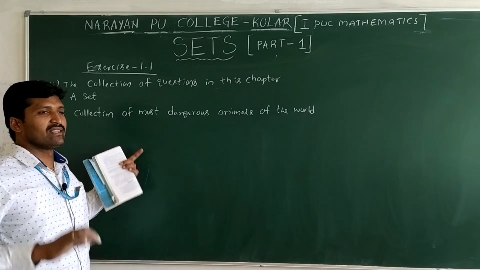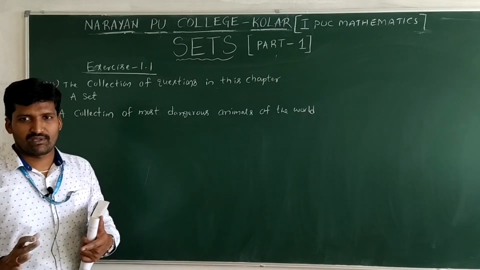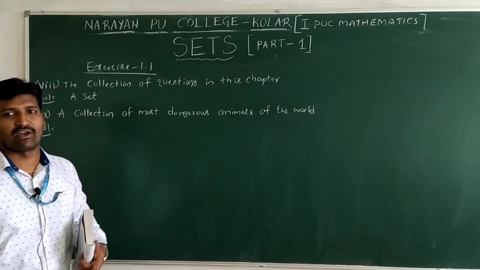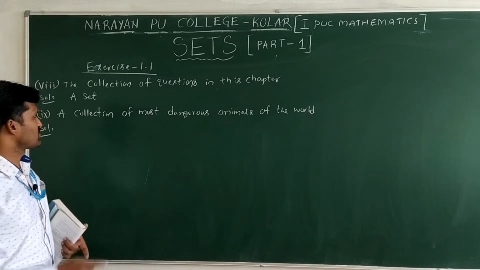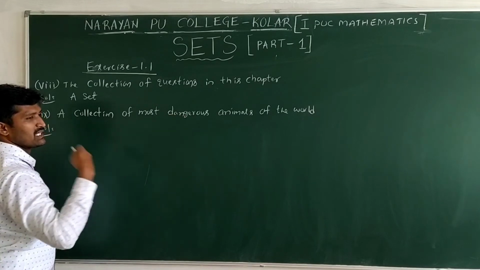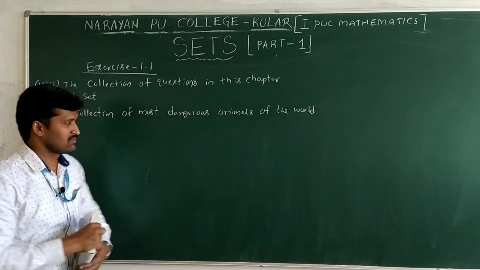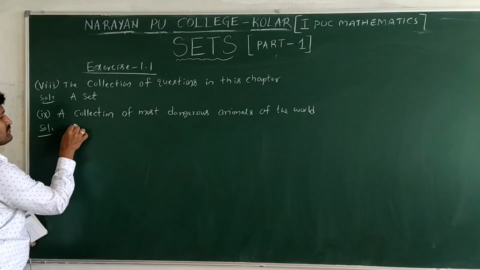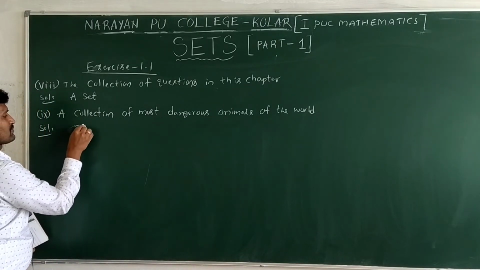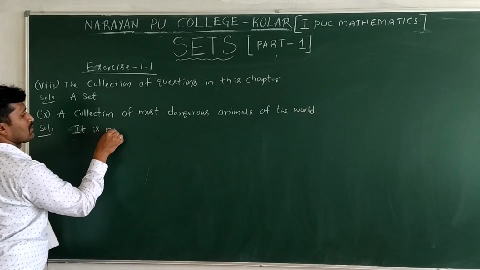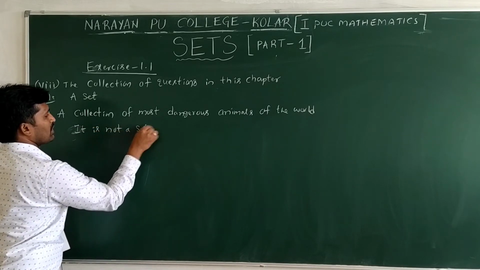Relative set means that the collection of objects is clearly well defined for every person. But this is not a set because the most dangerous animal changes from person to person. That's why it is not a set.